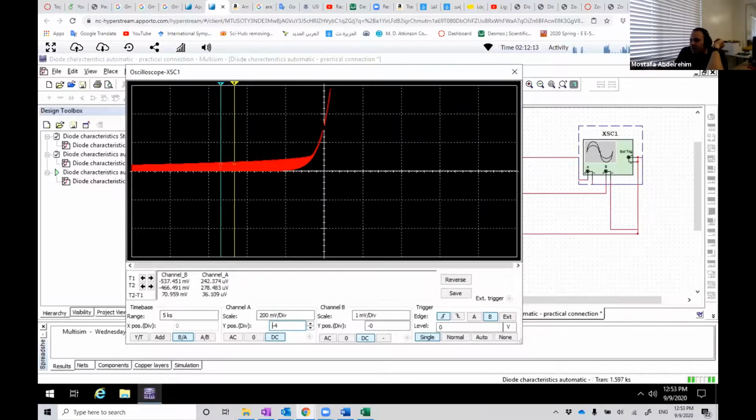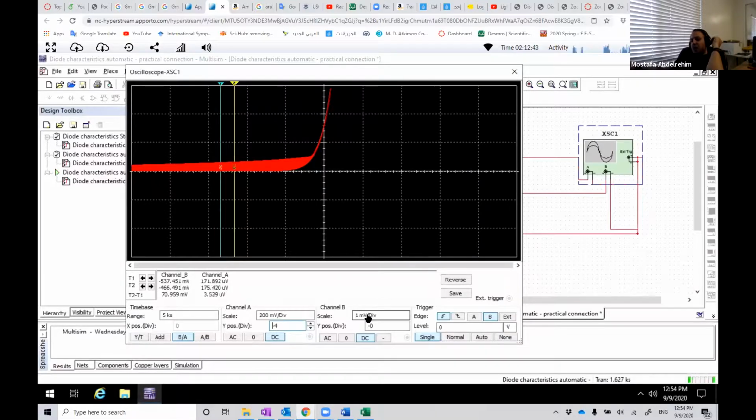And here is the point you are interested in, which is the intersection of the curve with the white line, and it's actually at 1.6 divisions. And the second one, this is clear. It's around 2.9 divisions. So you have these 2 divisions, subtract them from each other, then multiply by 1 millivolt.